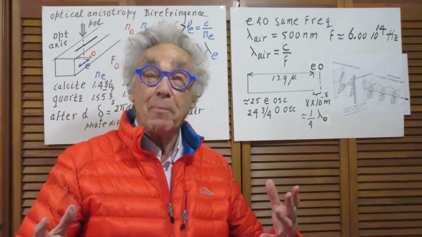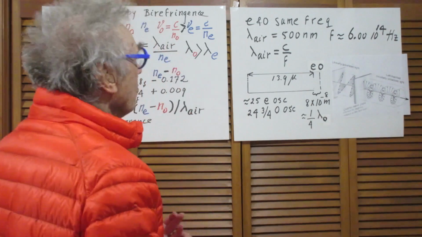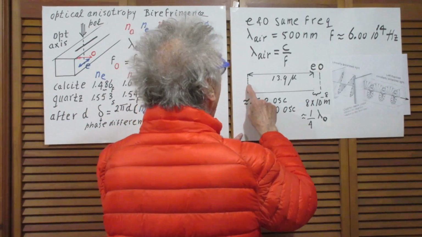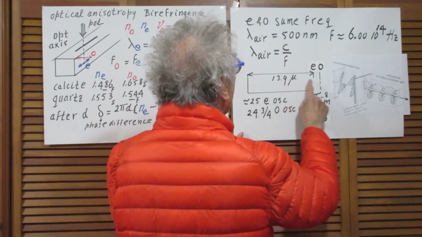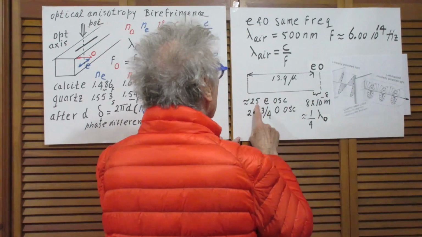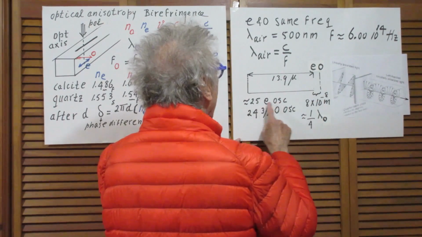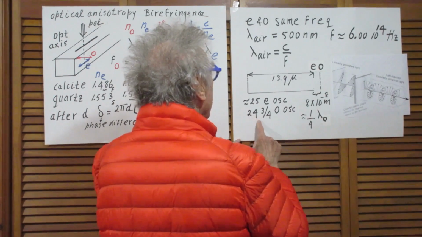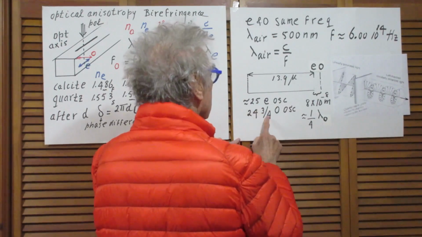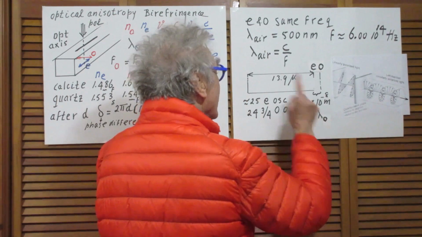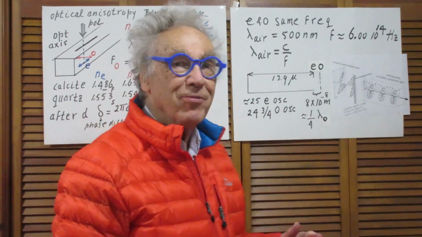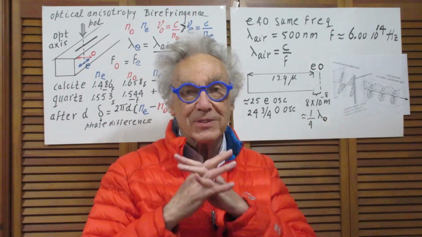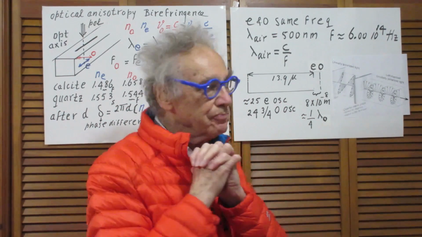They only differ by 0.58%. So as the light travels through the 13.9 microns, the E wave oscillates 25 times, but the O wave oscillates 24.75. That gives the difference of 1/4 wavelength, and that translates into a phase difference of 90 degrees.